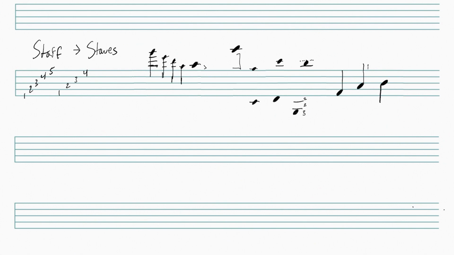When you are extending the staff, you will not do something like this. You won't draw several real long ledger lines and draw notes above like that. That's really messy and can be confusing. So if you do have to notate a note above the staff or below the staff, and you have to do several in a row, each one of those notes is going to get its own set of ledger lines.